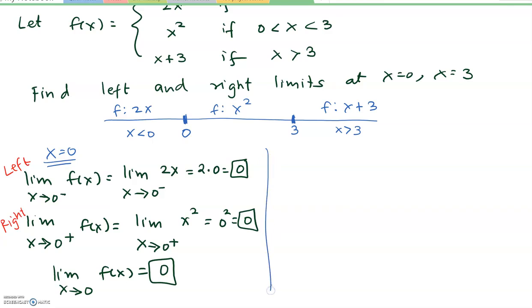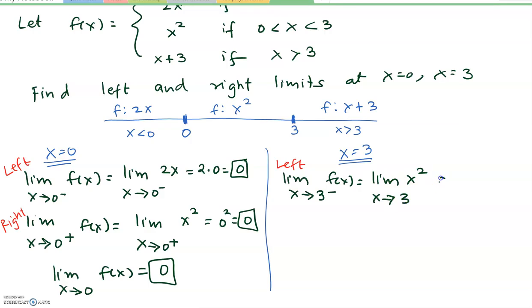Now let's focus on x equal to 3. Limit x going to 3 minus, this is the left limit. On the left of 3 the rule is x squared, x goes to 3, and then plug in 3, it will become 9. Then we have the right limit at 3.